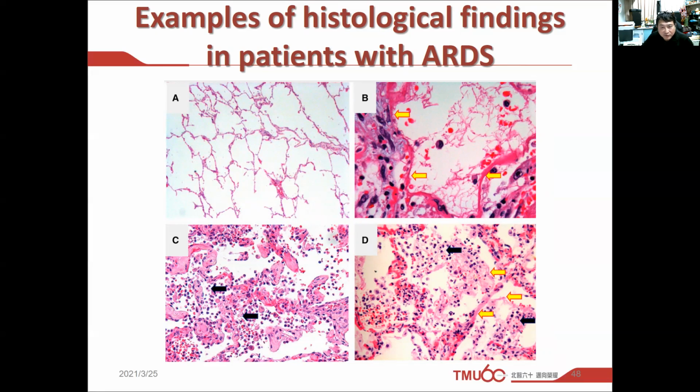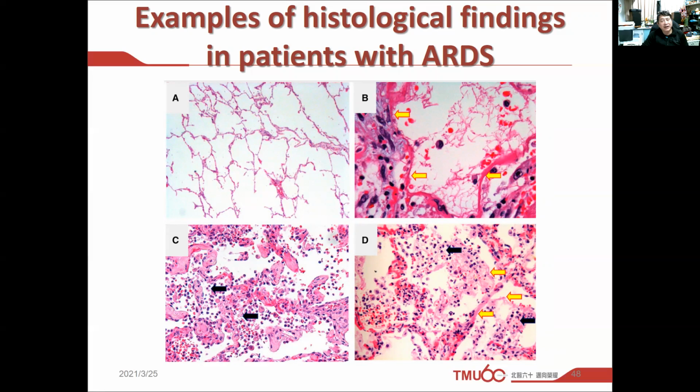The membrane turns very thick compared to other normal cells, I mean, between the cell membranes. And here you can see a lot of infiltration of leukocytes in the acute pneumonia of the patients. Here you can see acute pneumonia with diffuse alveolar damage, and you see a lot of neutrophil infiltration here.